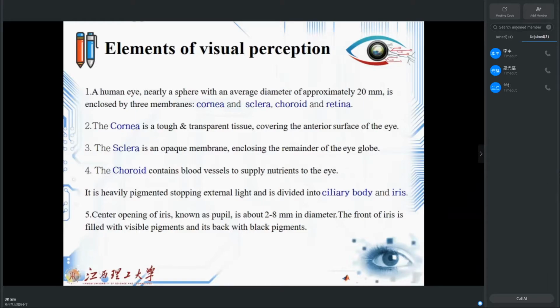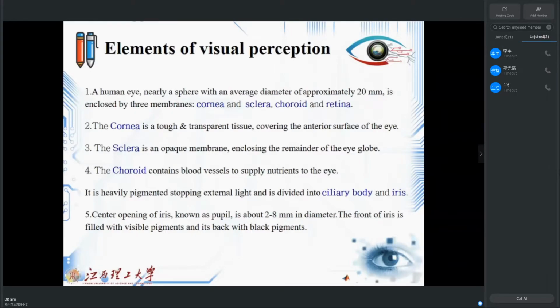The cornea is the taut and transparent tissue, as we say, which covers the surface of the eye. The sclera is the opaque membrane which encloses the remainder of the eye globe, and the choroid contains the blood vessels to supply nutrients to the eyes.